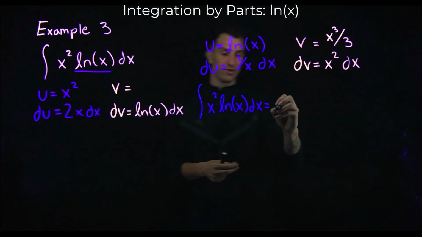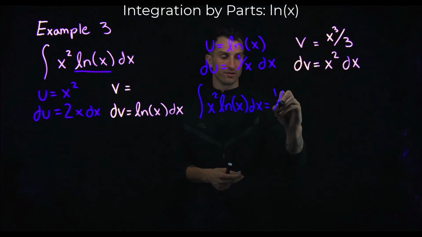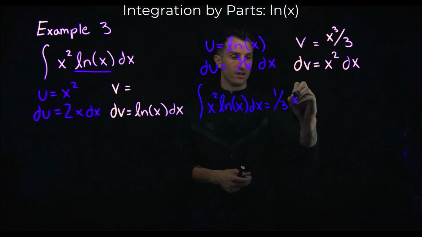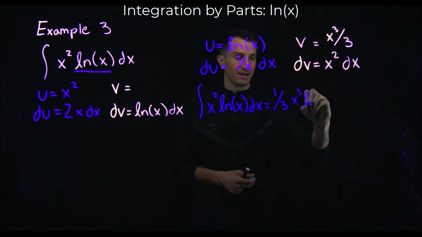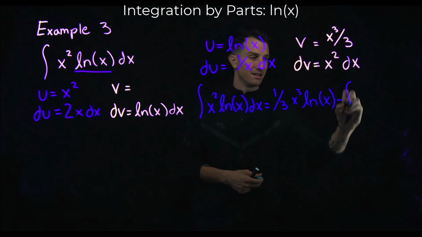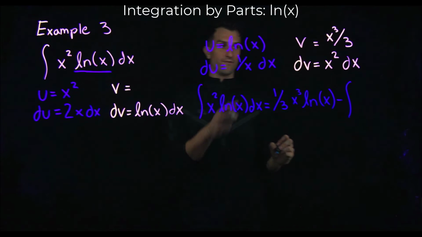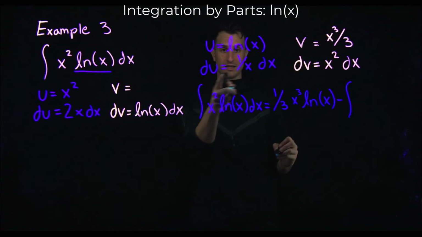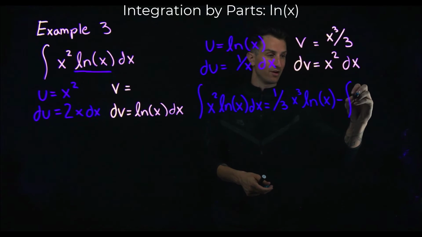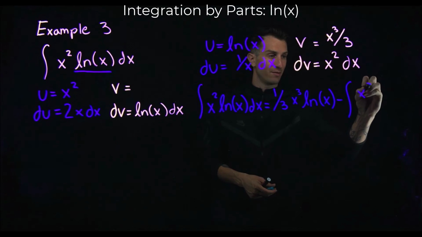And I'm going to write the 1/3 out here just so it looks formatted a little bit better. uv, x cubed natural log of x, minus the integral of v du. Okay, well, let's see what happens here, because this is kind of where everything needs to take place and make life easy for me.